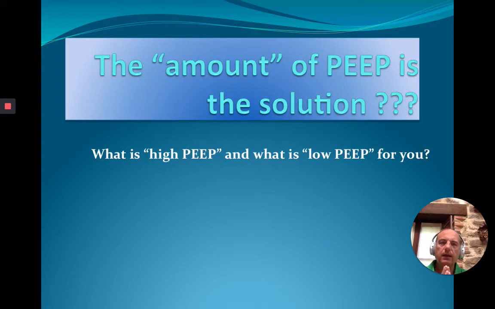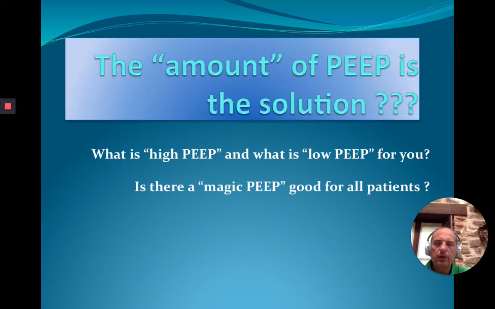If we really want to understand what PEEP is doing inside the lungs, the first thing we have to know is all the mechanisms by which it works, and what PEEP is for and what it is not for. So the first thing is that all the papers we've been going around about high PEEP and low PEEP are based on a totally wrong concept.